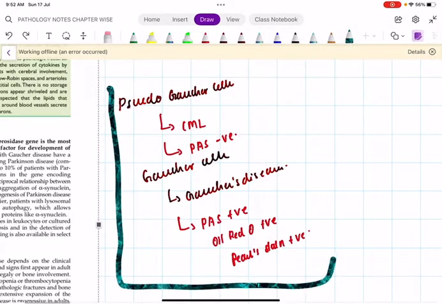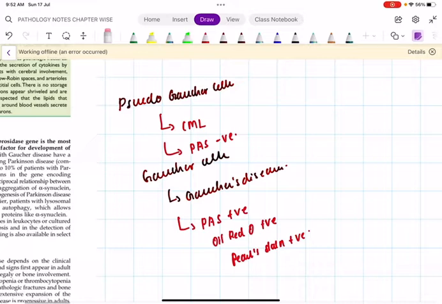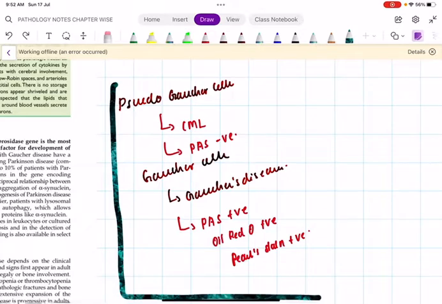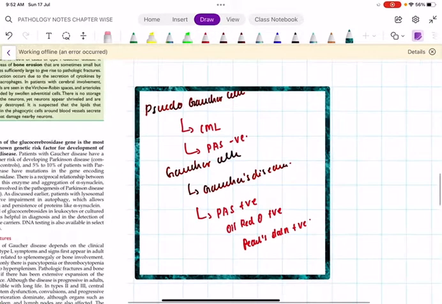They may ask this question. What are pseudo-Gaucher cells and what are Gaucher cells? I am repeating, pseudo-Gaucher cells are present in CML, they are PAS negative, whereas Gaucher cells are seen in Gaucher's disease, PAS positive, oil red O positive and Perls stain positive.